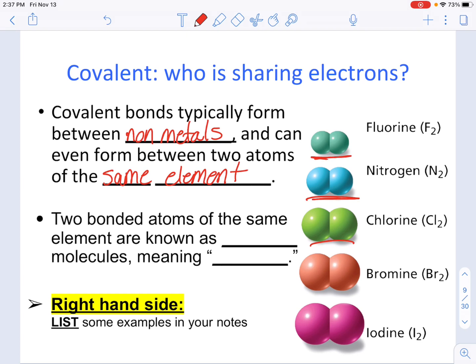When there's two bonded that are the same, we call that diatomic. The first part of that word, di, means two, atomic means atom, and so it means two atoms. So take note of a couple of those diatomic molecules on the right side of your paper.